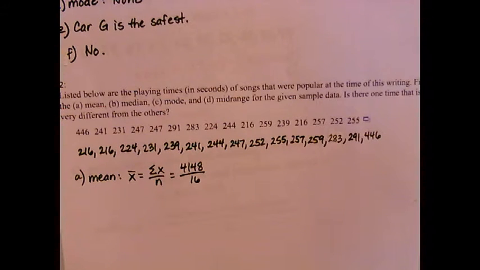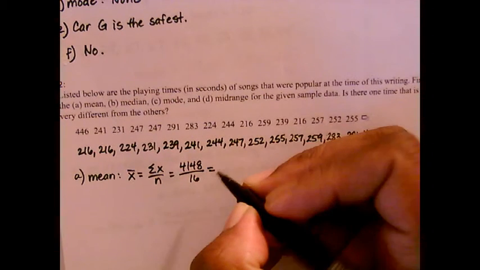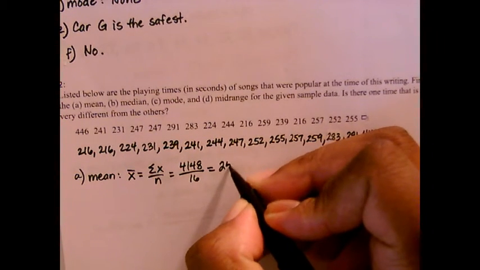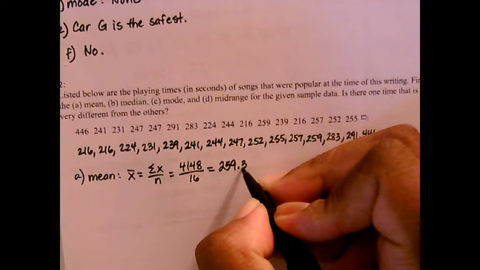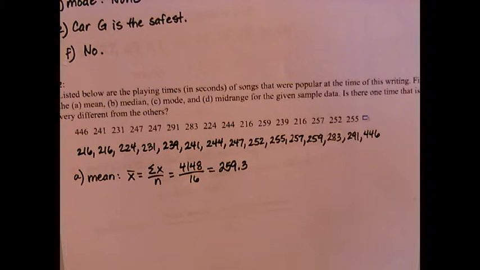And there are 16 data values, so you'll divide 4,148 by 16. Now, rounded to one decimal place, you're going to get 259.3. So the mean of that set of data would be 259.3.